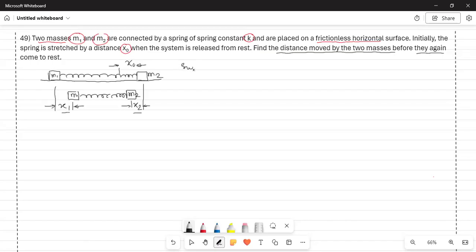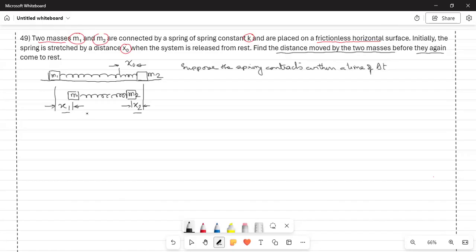Suppose the spring contracts within a time of delta t.